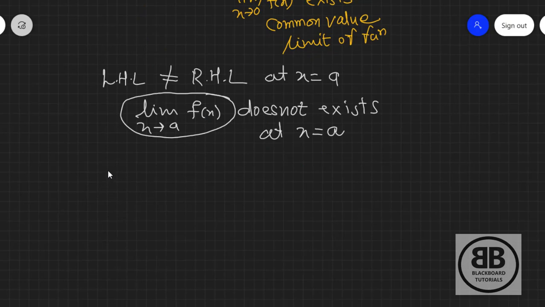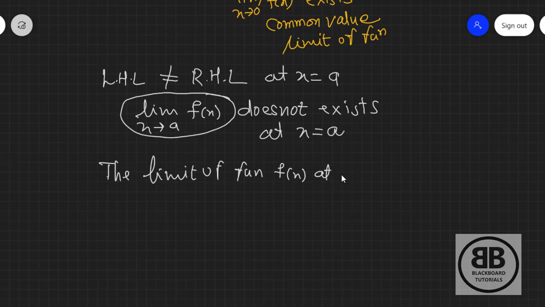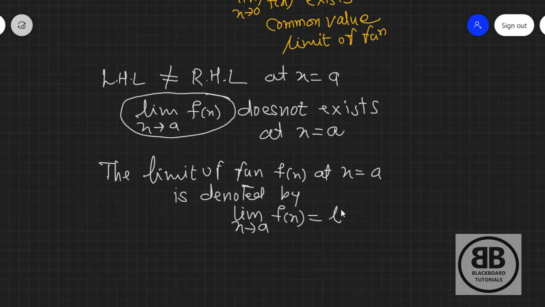So finally we can say that the limit of the function f of x at x is equal to a is denoted by limit x tends to a f of x, and suppose this value is L, then L is called the limit of the function.